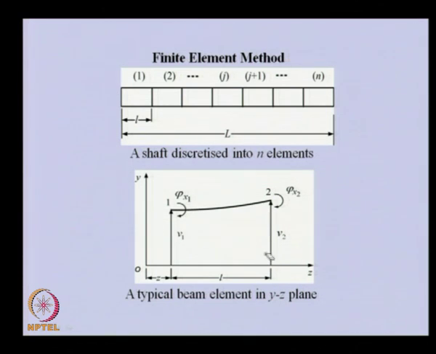Similarly, at this node we have two coordinates, one is the linear or translational displacement, and this is the rotational displacement or the slope of the beam at this location. This is basically one element of length L. So, you can see this is the small element of size L, and the total length of the beam is capital L.